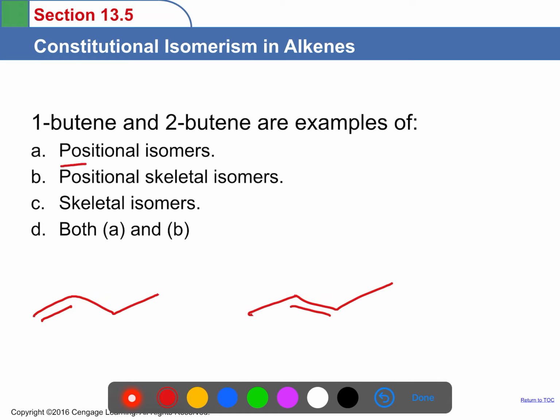Positional isomers were the ones where the double bonds move, and in this case, that does happen. And the carbons are not moving. There's still just 4 carbons in a chain. It is not skeletal because the carbons are not moving. And positional skeletal isomers are not something that exist, so it must be letter A, which is the correct answer.